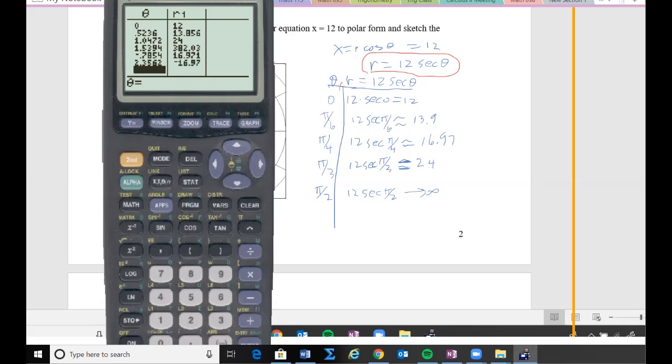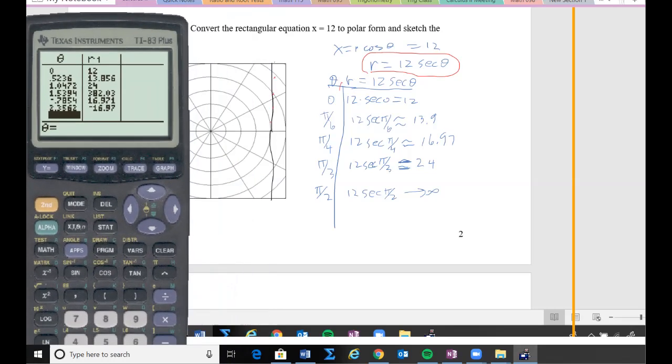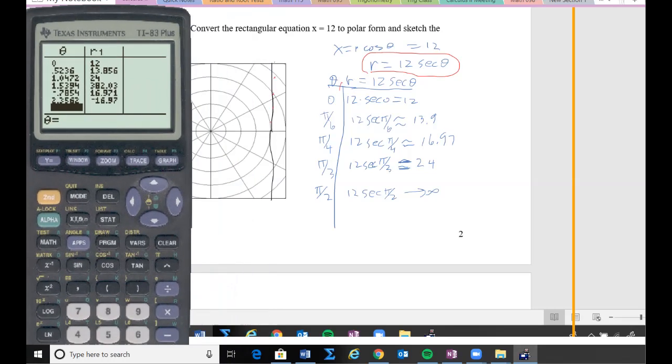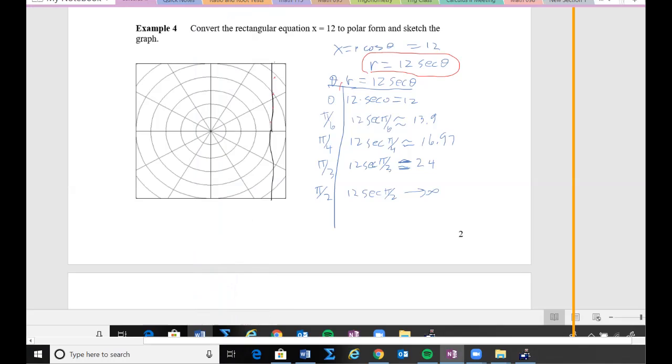I did a 3 pi over 4 and I ended up with that negative number. Even though you're heading out this way, the points are showing up over here because they're negatives. So even though the theta's over here, your points are way over here.